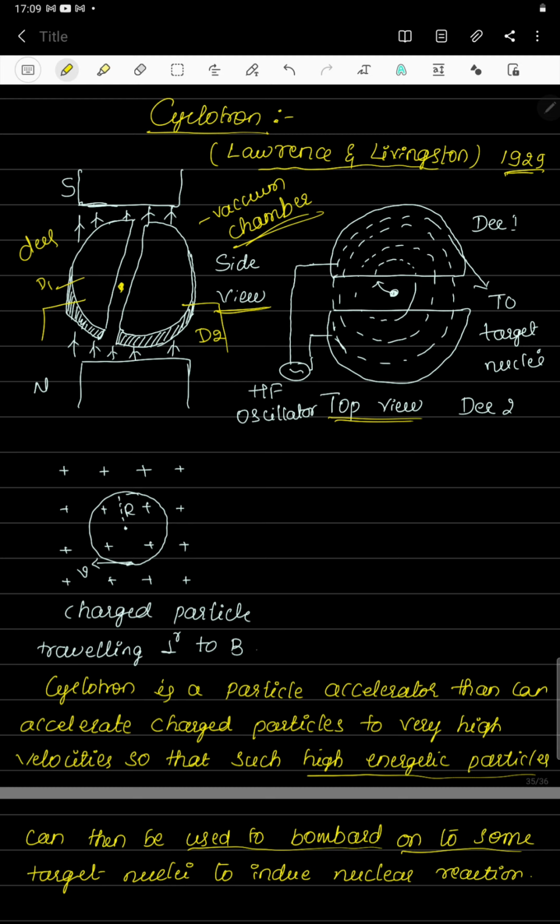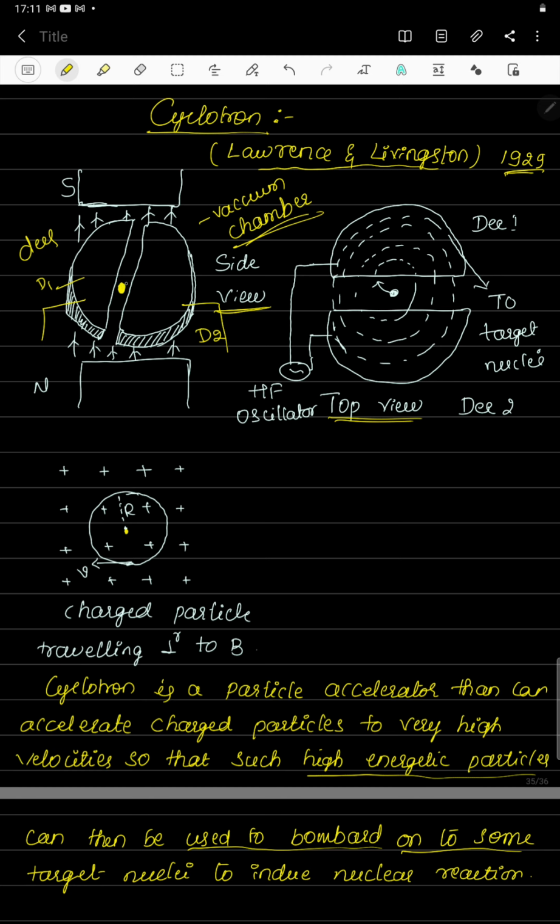Now, on what principle does this work? In the linear accelerator, we know that whenever a charged particle is placed in an electric field, it accelerates. But here, along with the electric field, it also experiences a magnetic field. The target nucleus is placed near the Ds, from which you get the radiations.